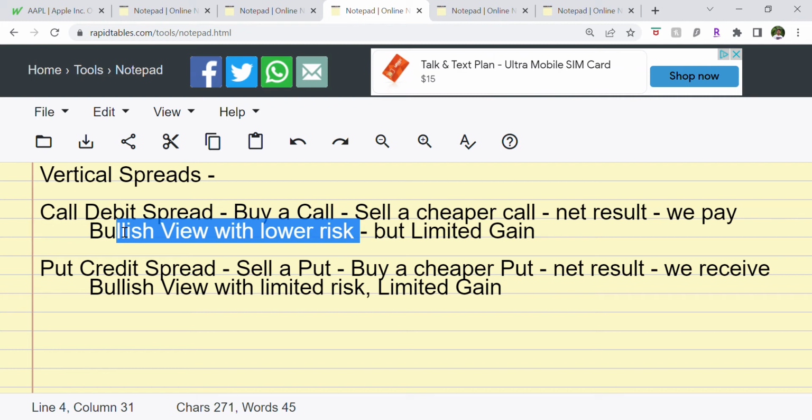So the maximum you are going to lose on a call debit spread is $200. But there is a catch. The catch is the gain is limited.